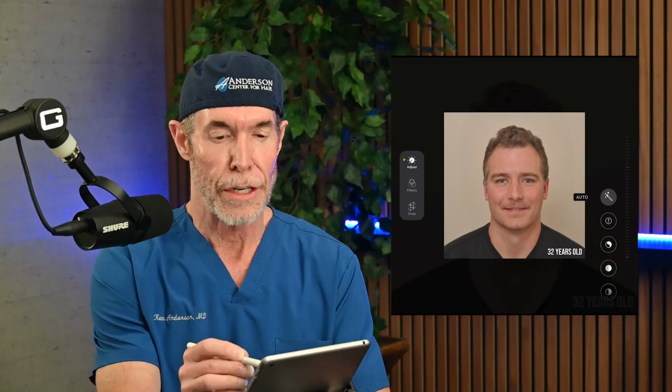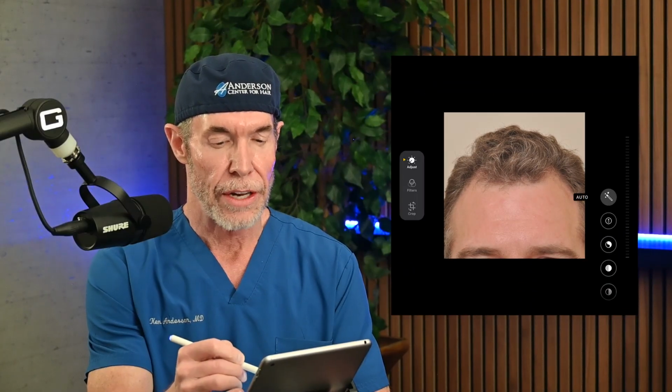A lot of times you're going to have a little bit of loss in the corners, but it's typical that he's got a nice position of his frontal hairline right in the midline. And so we're going to keep the midline right there. Now, if you have a close look here at the hairline, it's got macro irregularities and micro irregularities.